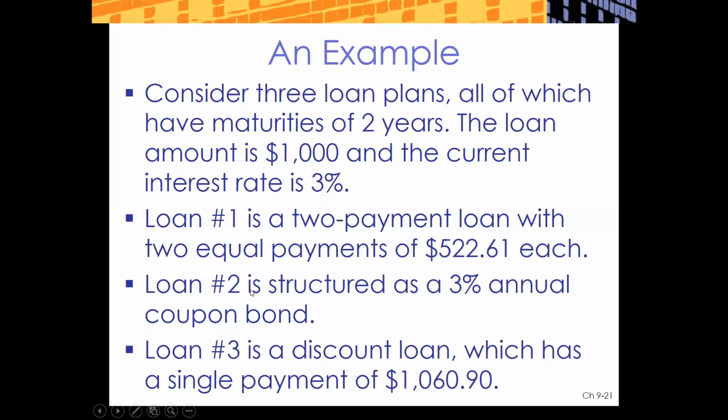The second loan is structured as a 3% annual coupon bond, like a 3% coupon payment with the face value. And loan 3 is the discount loan, which has a single payment of $1,060.90. So you buy it at a discount and then you sell it at this price.